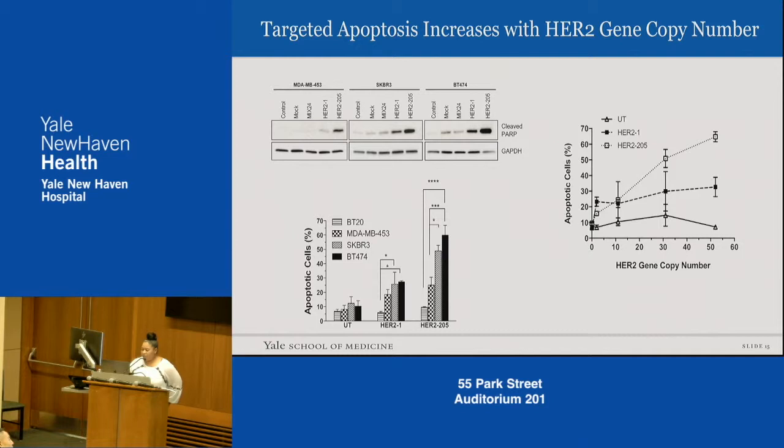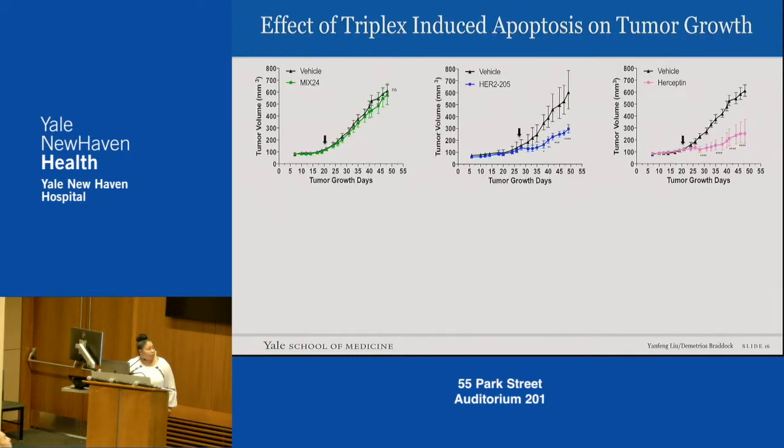So in order to see whether or not this had any therapeutic efficacy, we used a human xenograft model for BT474 cells. This particular model had been used to originally test the efficacy of Herceptin, which I said to you previously is the currently used targeted therapy for HER2-positive breast cancer patients. And we can see after 20 mg per kilogram of our TFO, we see a decrease in the tumor growth.